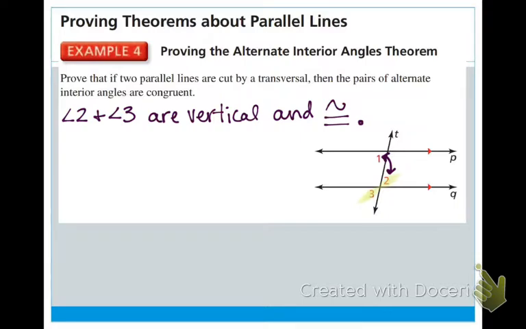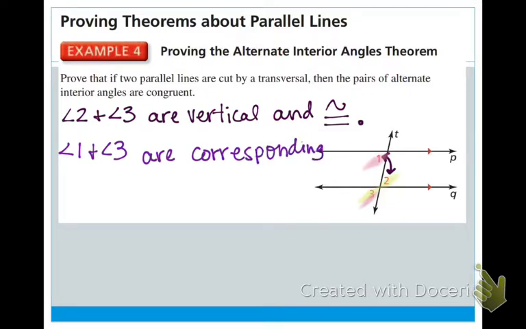What other relationship could we state besides 1 and 2? 1 and 3. What relationship do angle 1 and angle 3 have? They're corresponding. In order for them to be consecutive interior, they'd both have to be on the inside. Corresponding angles are what? Are they supplementary or congruent? Congruent. So we're going to make a conclusion based on what we just figured out.